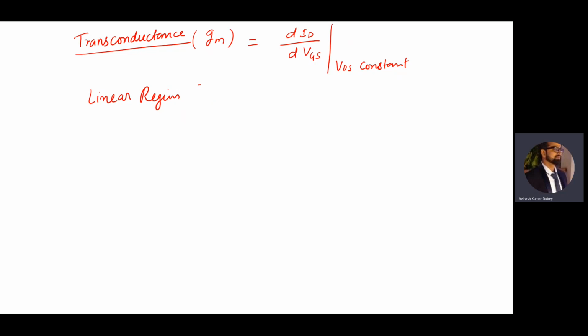We know that ID equals mu_n COX W by L, twice of (VGS minus VTH) into VDS minus VDS square. So this is ID equals mu_n COX W by twice of L, twice of (VGS minus VTH) into VDS minus VDS square.